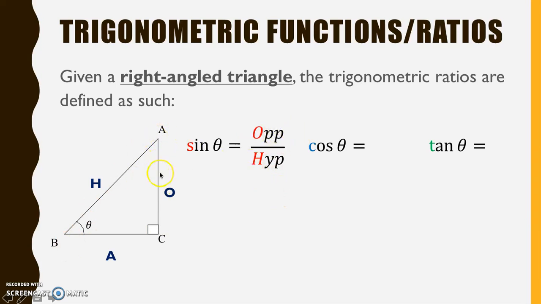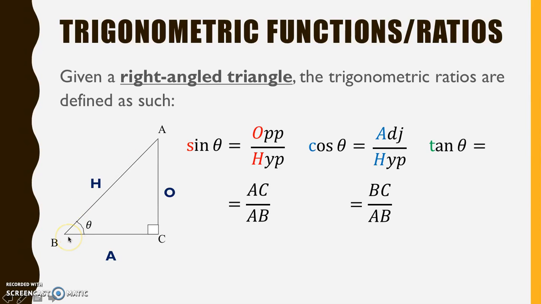In this case, it is length AC over length AB. Cosine theta is actually defined as adjacent over hypotenuse, A over H. And in this case, it is BC over BA or AB. Tangent theta is defined as opposite over adjacent. In this case, it is AC over BC.